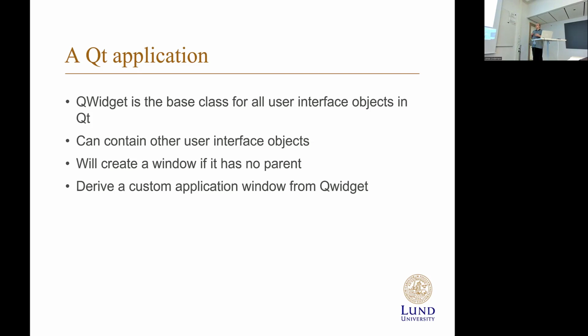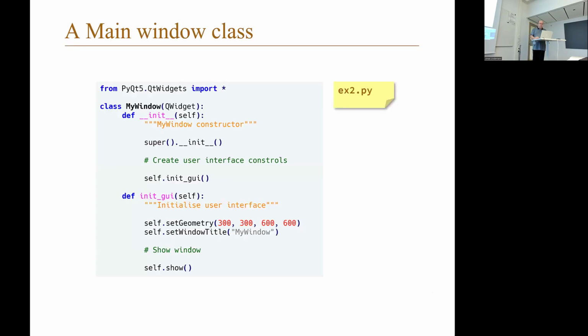That is the recommendation also, that you create your own base window, which you specialize with your own settings. So here we have a main window class. I created my window here and derived the functionality from the QWidget object.